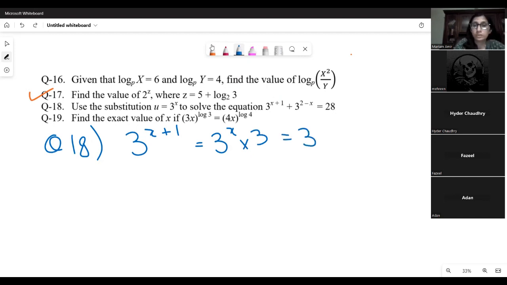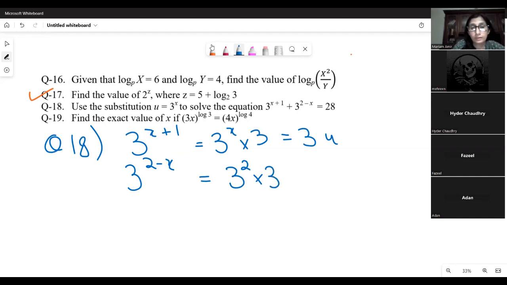What about 3 power 2 minus x? What will this be equal to? 3 square over 3 power x. That is correct.